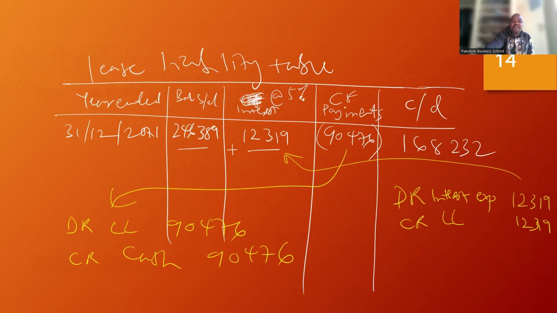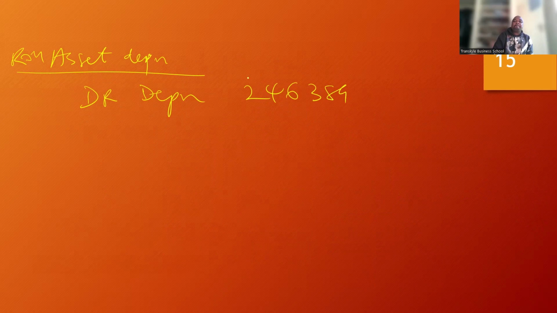Debit depreciation, 246,389 over 3 years.